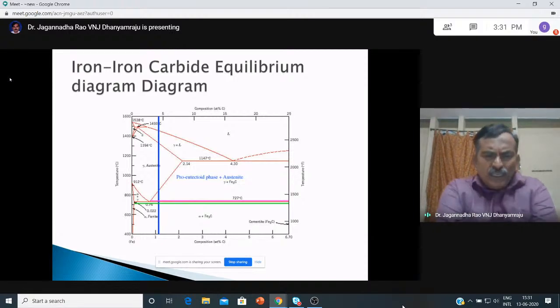See, so let us see once again this. You know that at 727 degrees centigrade, there is a eutectoid reaction at carbon content 0.8%, and here it is given as 0.676%. So let us see these eutectoid alloys. Let us go back.